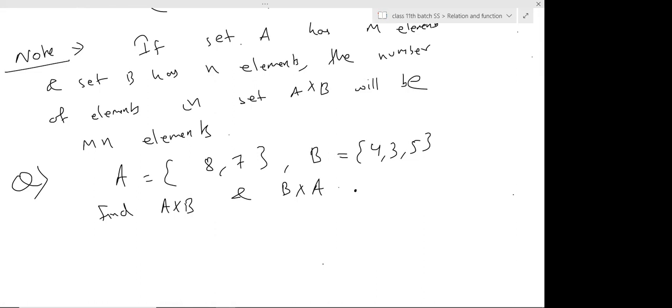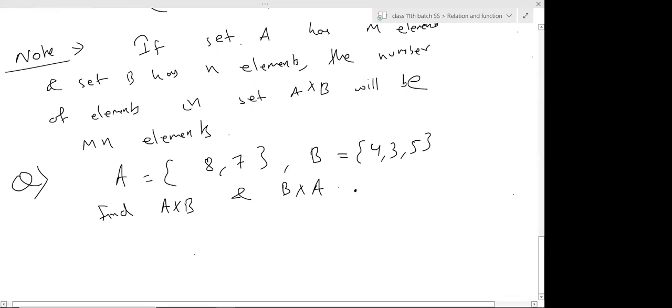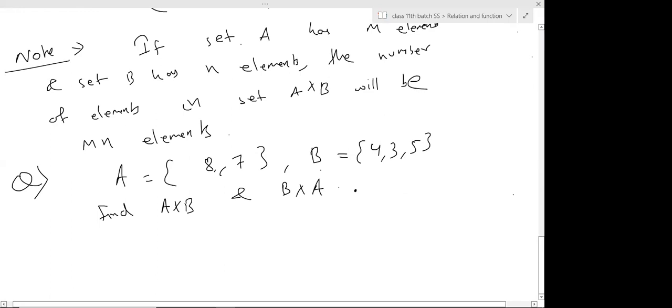Done, sir. All right. So how many elements are there in Cartesian product A cross B? So 6. 6, right? 8, 4, 8, 3, 8, 5, and so on. Yes, sir. All right.